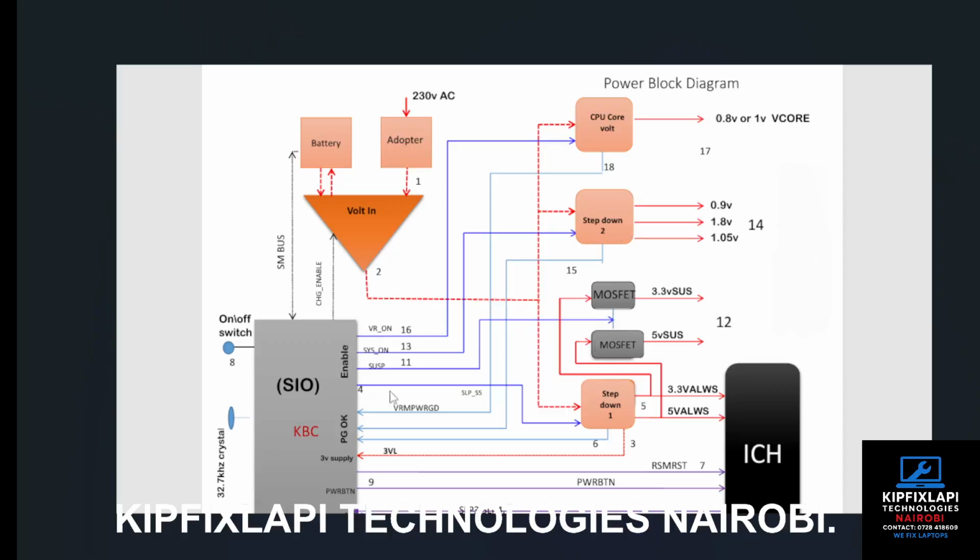Once the enable signal is sent to this circuit, the circuit confirms if the voltage is good, and it confirms back to the SIO. That's why we have the power good signal. So these signals coming from those circuits are called power good signals because they confirm the voltage outputs are the correct voltage.